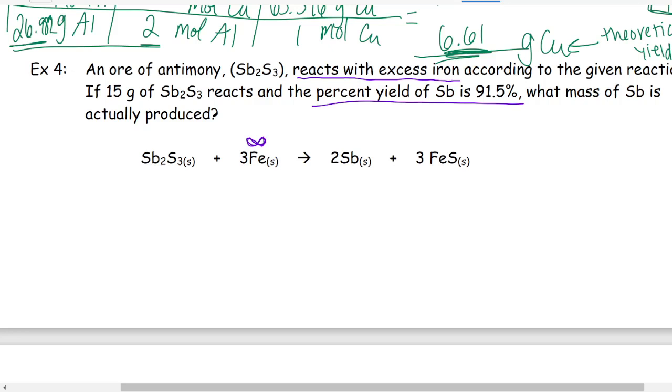If 15 grams of that reacts and the percent yield is this, I need to figure out the mass that is actually produced.